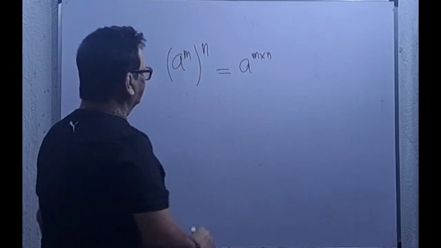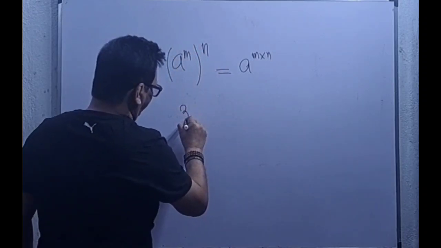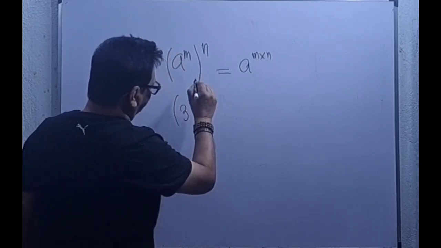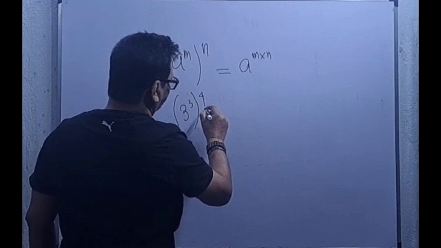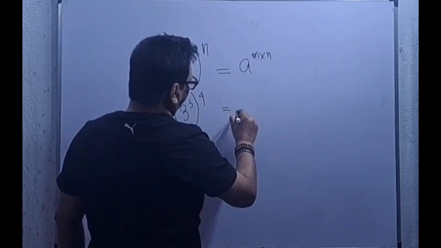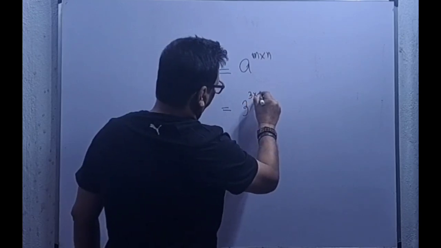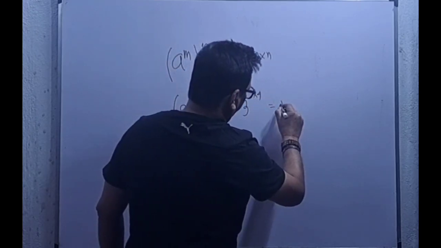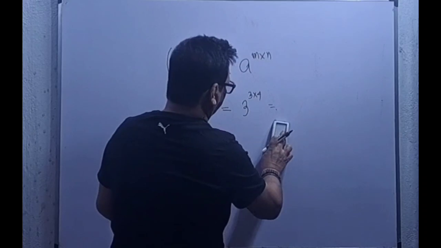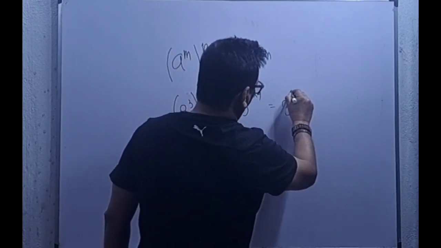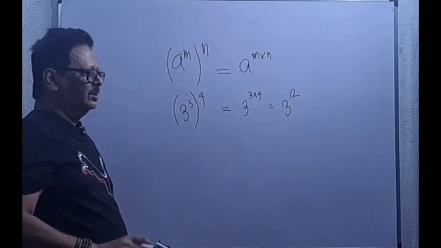For example, 3 raised to the power of 3, and this is raised to the power of 4. So what will happen? 3 times 4 is equal to 3 power 12. Simple, right?